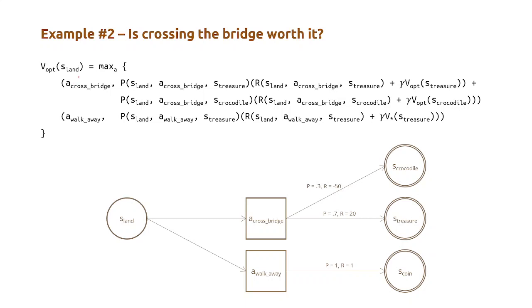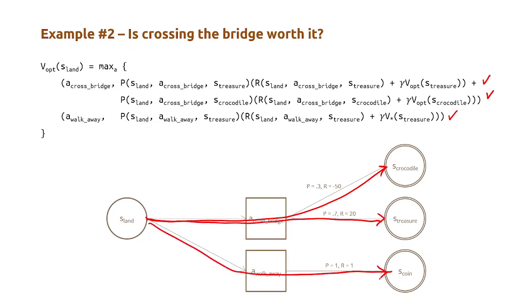So we have two different equations here, and then an equation for each path. We have this path, this path, and this path.